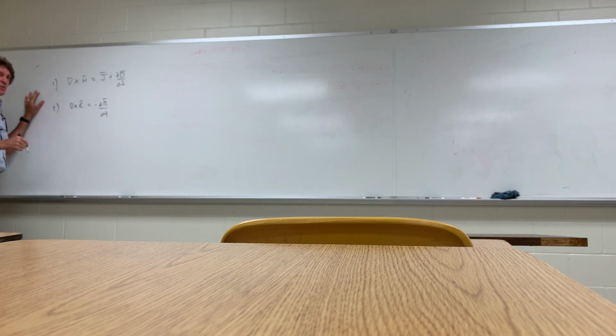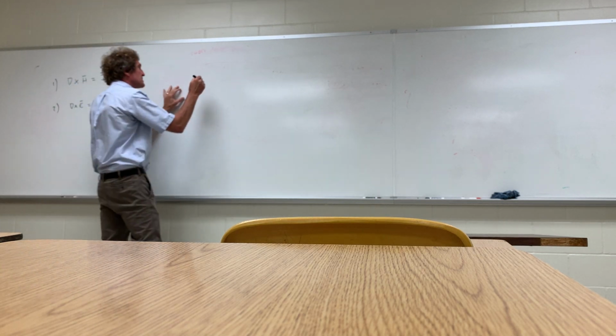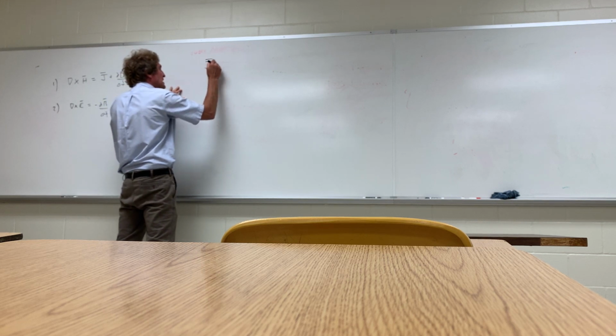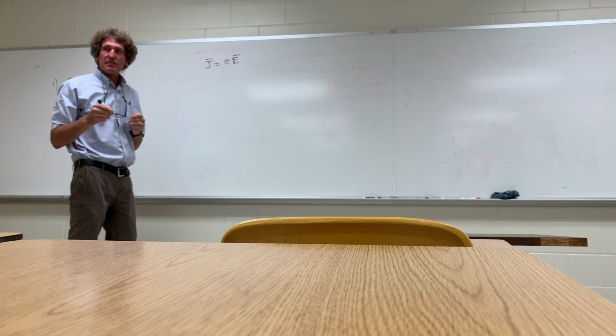Now, those 2 equations basically govern all electromagnetic field behavior, in the macroscopic world, but even in the microscopic world. There's links between these different parameters. For instance, J is called the current density and is equal to sigma E. And E is the electric field intensity.